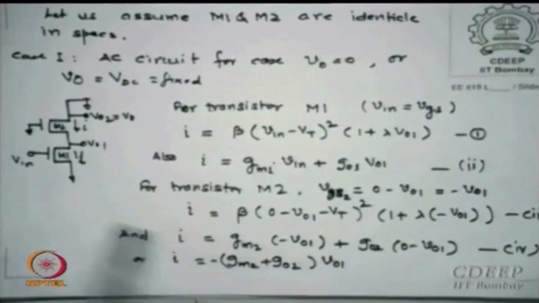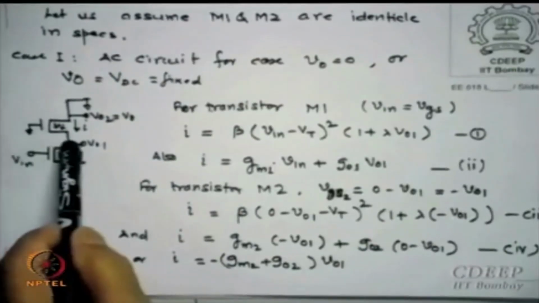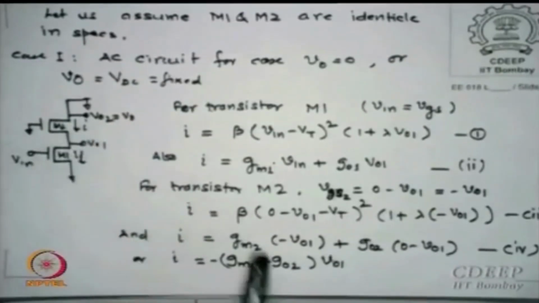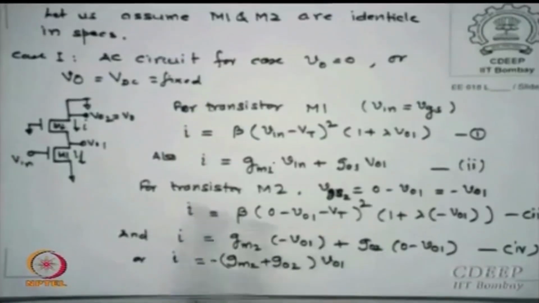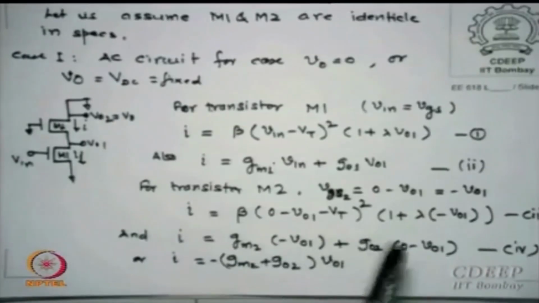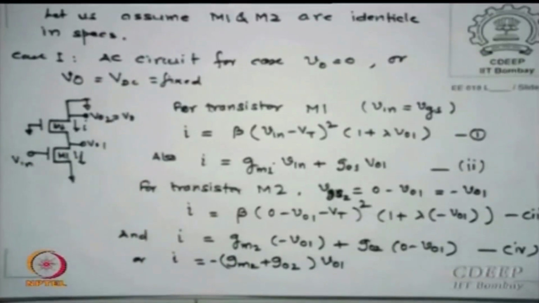I repeat, what is VGS for this M2? Gate voltage is 0, source voltage is VO1, so 0 minus VO1. So GM2 into minus VO1 plus GO2 times VDS. Now how much is VDS? 0 minus VO1, which can be written as minus GM2, GO2 into VO1. Is that correct? Is that okay?